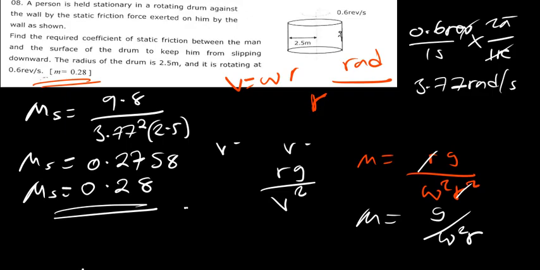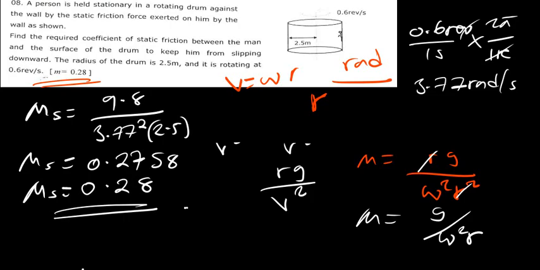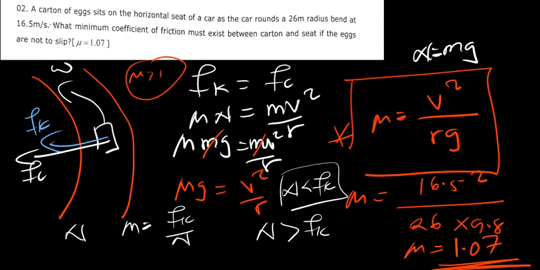Then earlier on we equated fk to centripetal force, and then mu was equal to v squared over rg. It's like they swapped. Is that correct, or did I not write it correctly? No, you're talking about this one, this question? Question 2 and question 3, not question 2 and this one. We were solving for mu, but the formulas are different. That's your question, not so?